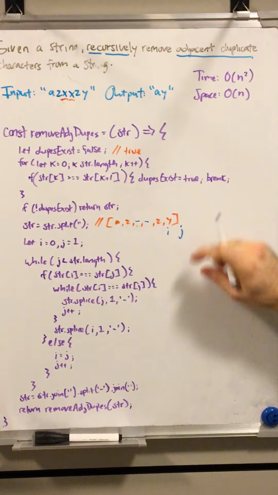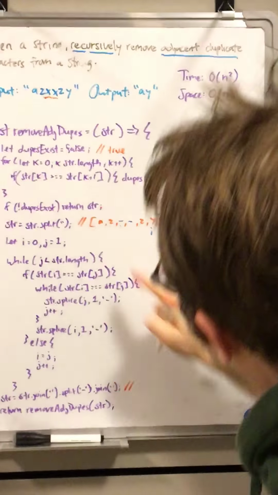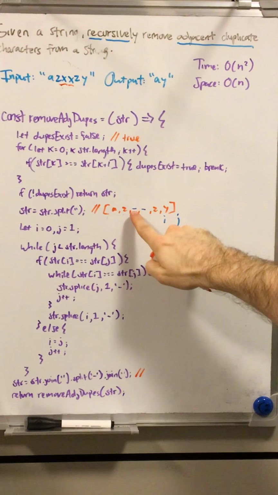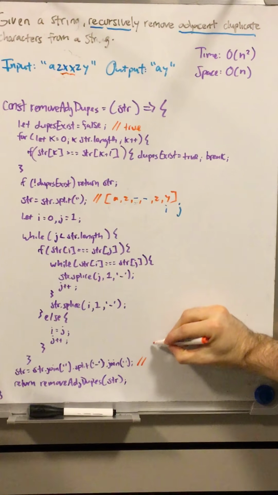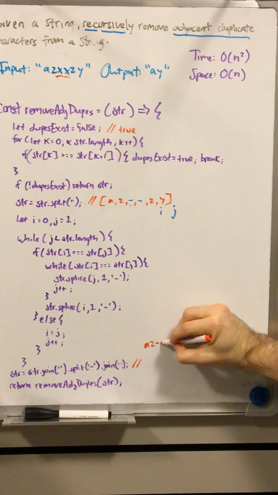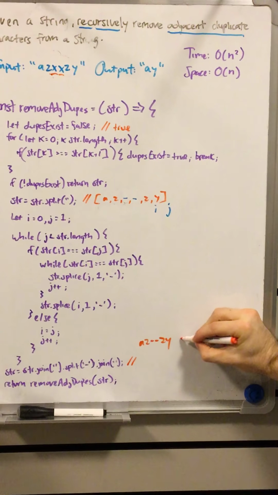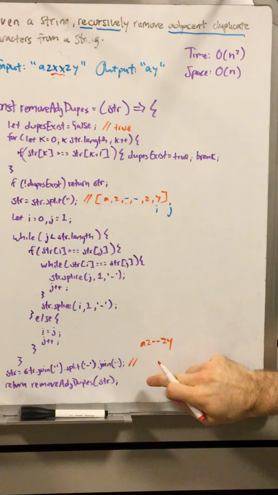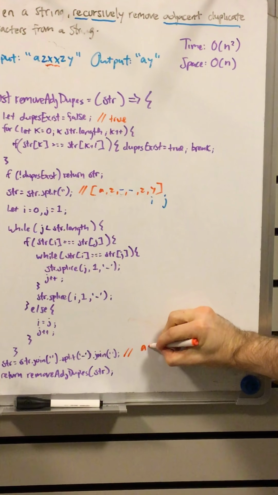And now we're going to join this array back together to make it look like az dash dash zy. And then we're going to split it again by the dashes and join it back together, which will give us azzy.